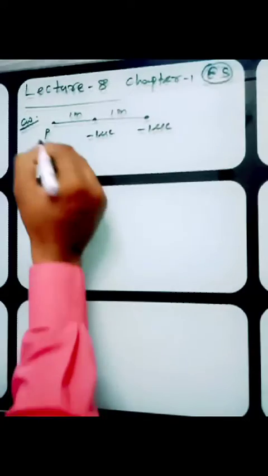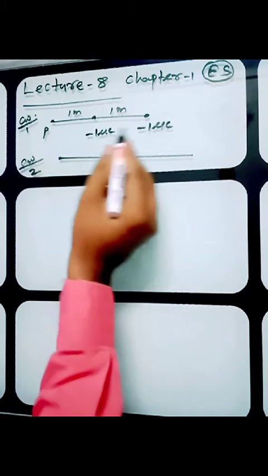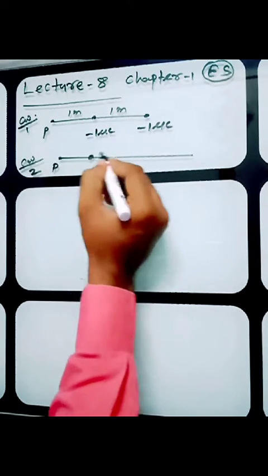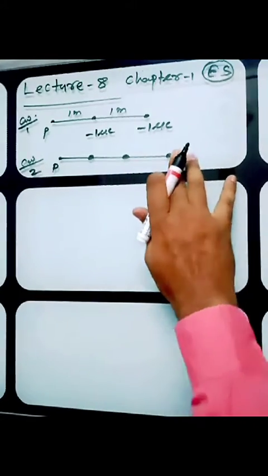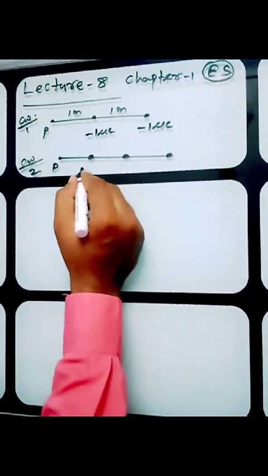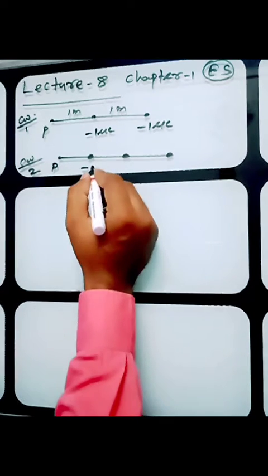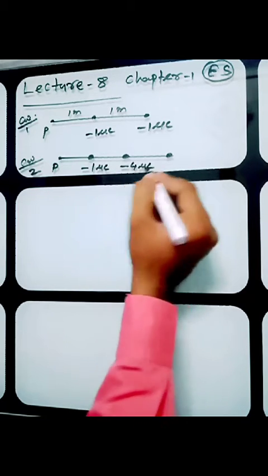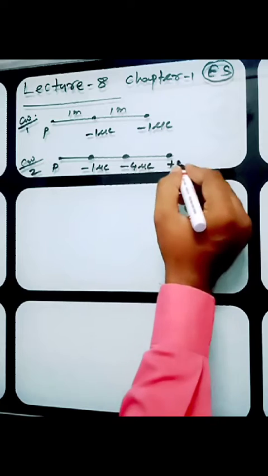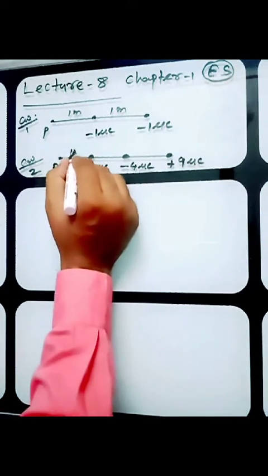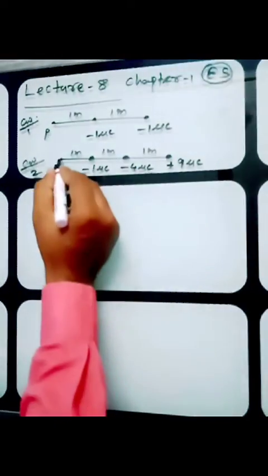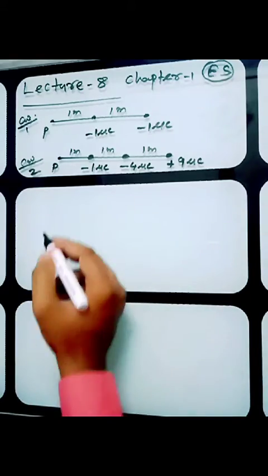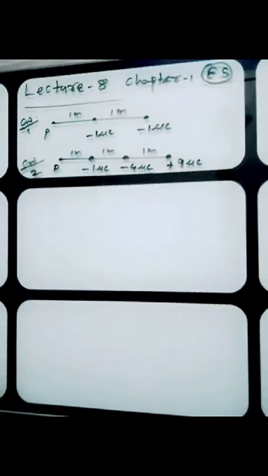Find out the net field. Another question: both are negative charges here, minus 1 microcoulomb, minus 4 microcoulomb, plus 9 microcoulomb, at 1 meter, 1 meter and 1 meter. You have to find the net electric field at point P. These two are your classwork. You have to solve them by yourself.